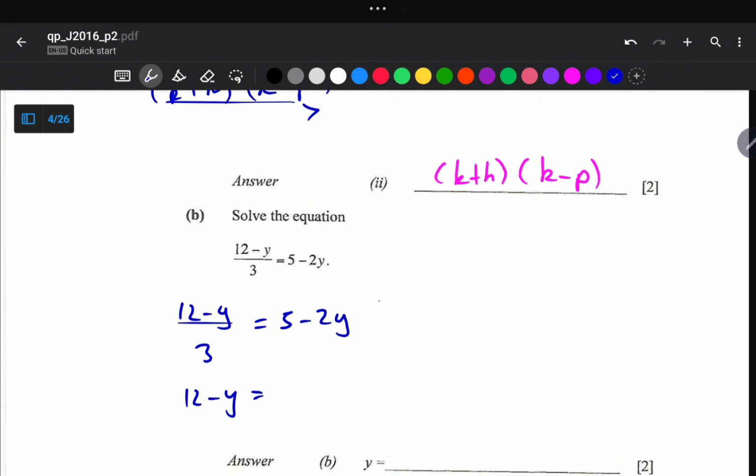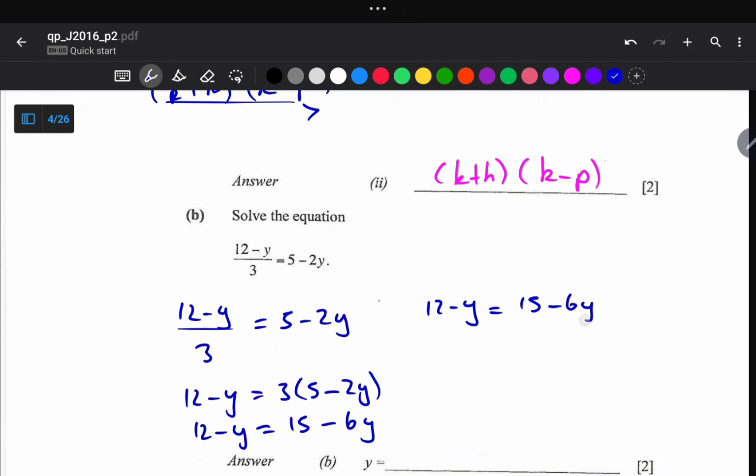For the right hand side, you can simply multiply by 3. So it is now 3 multiplied by (5 minus 2y). So this gives us 12 minus y being equal to 15 minus 6y.